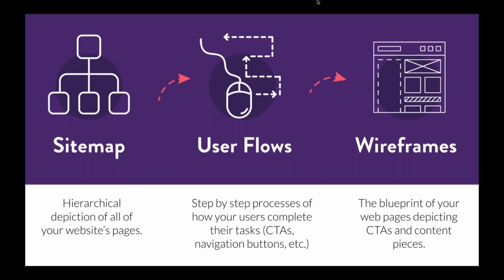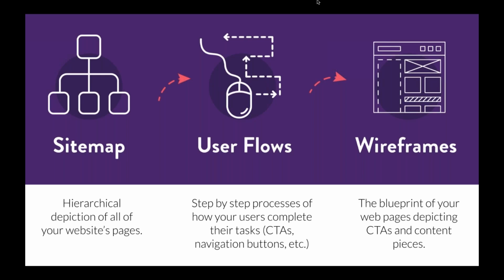Next, you're going to organize your sitemap into your user flows. Your user flows are tailored to your specific user groups, and they're a step-by-step process of how a user will achieve their goals. Which CTAs are they clicking on, which navigation menus will they follow, things like this. Make sure you're answering their questions, and this will loosely translate into your navigation bar once it's time to make that.